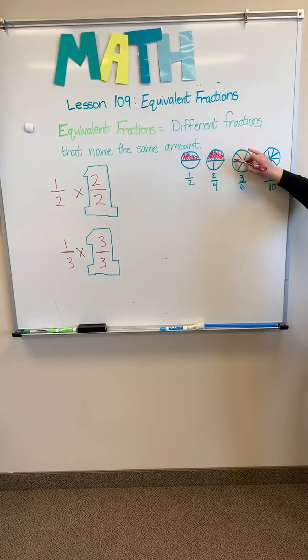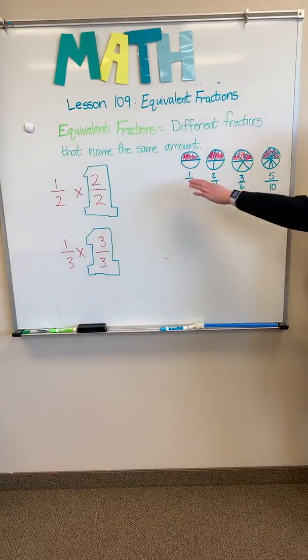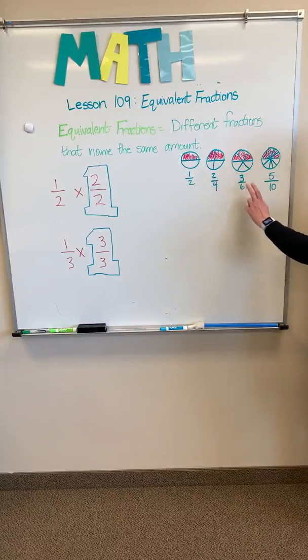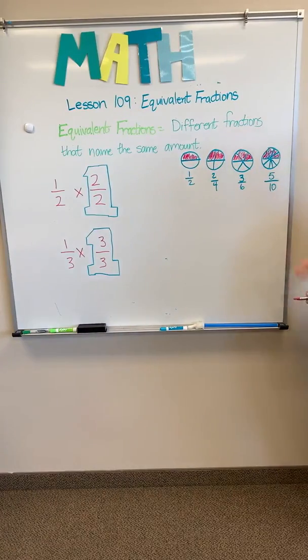Now, if you're noticing something, 3/6. And then here's 5/10. Are you starting to notice that what I've said is 1/2, 2/4, 3/6, and 5/10? They all have the same value.